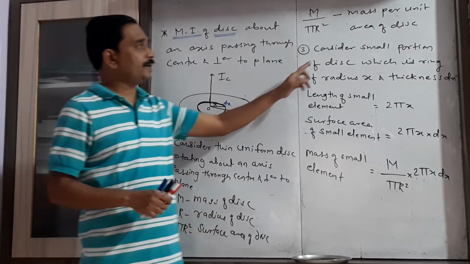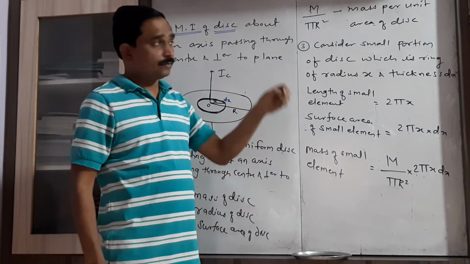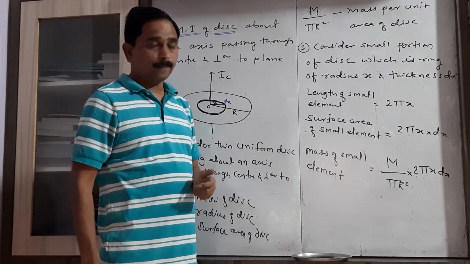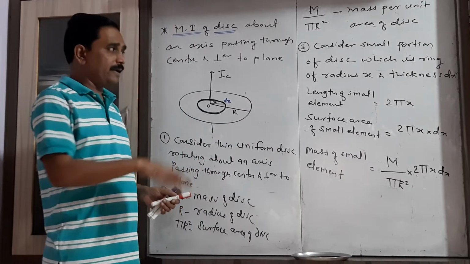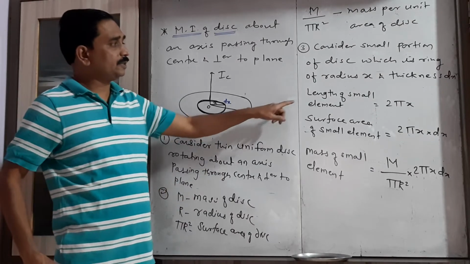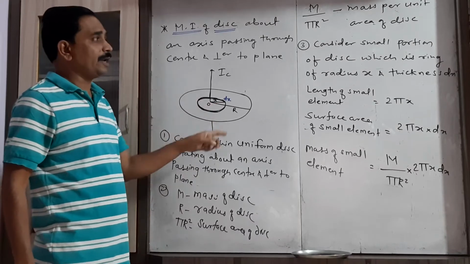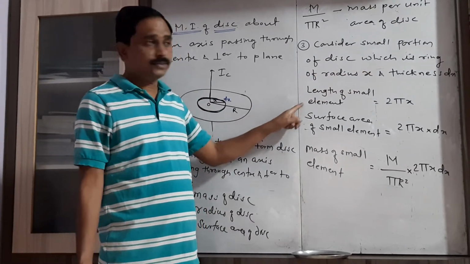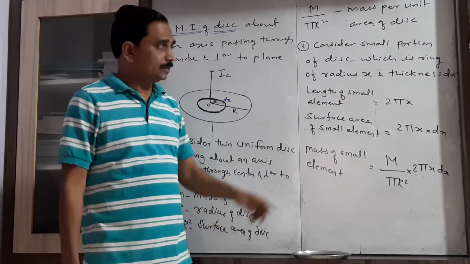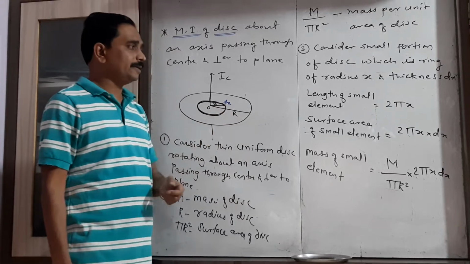So right here consider the small portion of the disk which is a ring of radius x and thickness dx. Now you have to consider the length of small element, as the small element is a ring. That's why the length of circular object is the circumference. So that's why right here 2 pi x, because x is a radius.